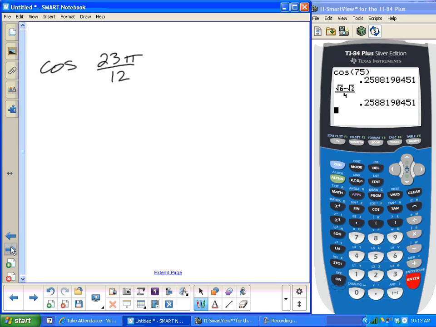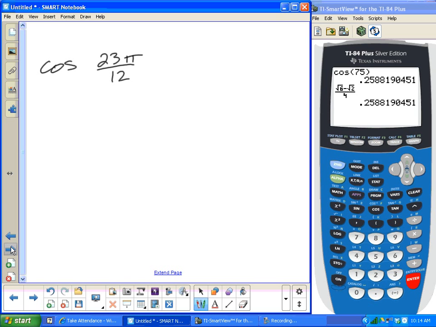Now, the radian measures on our unit circle are all in fractions, aren't they? So they're really hard to add. So what you have to do is think of them all in terms of twelfths. Let me tell you which two they're going to be. I think it's going to be 5 pi over 3 and pi over 4.